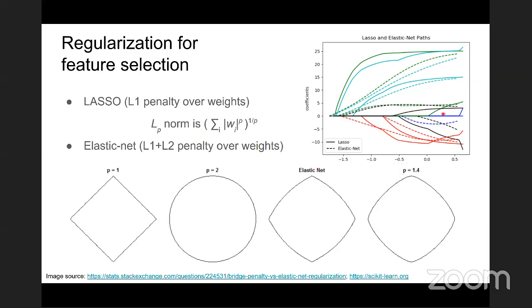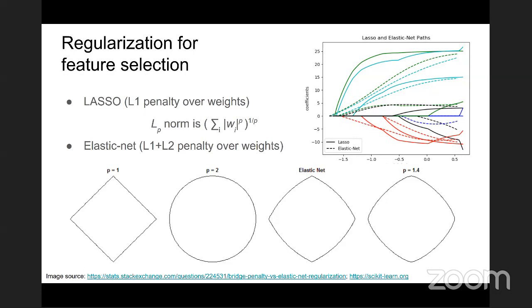As you keep increasing the penalty and go towards the left, look at the solid curves, don't look at the dotted curves. These features start to get eliminated. For example, this one gets eliminated first, then this one gets eliminated next. Some coefficients are positive, some are negative. Those that become zero are the ones that got eliminated. And for very large penalty, all of them get eliminated, which is here.